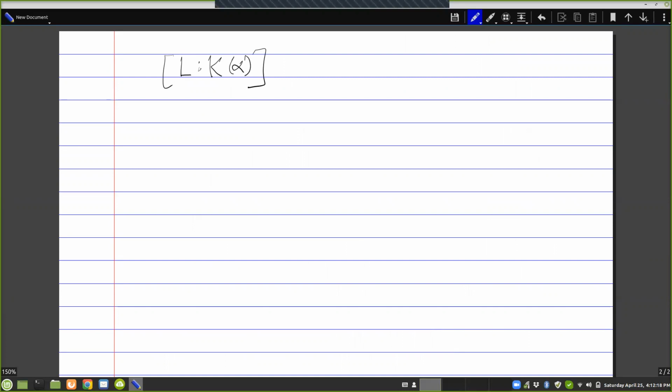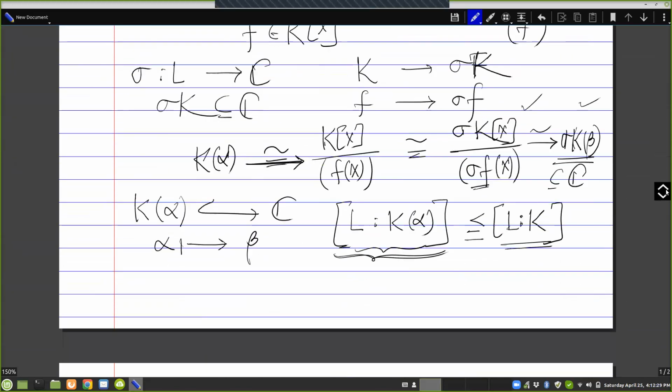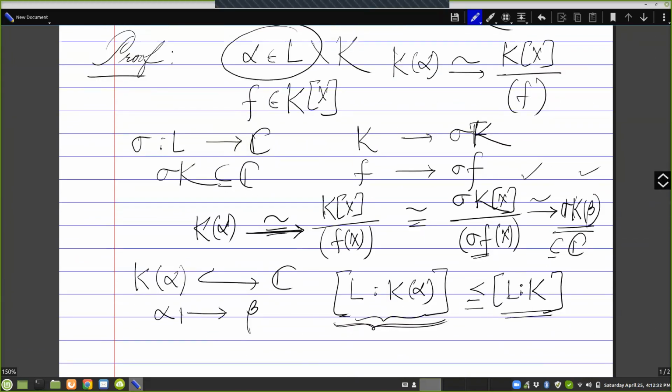Okay, we have already seen that starting with any embedding of k, I made a mistake, it will be k sigma, then when we pass through, this we can do for any beta which is a root of sigma f of 0.